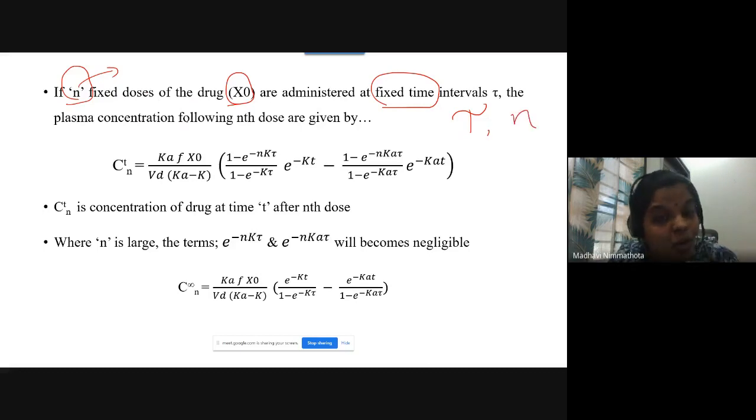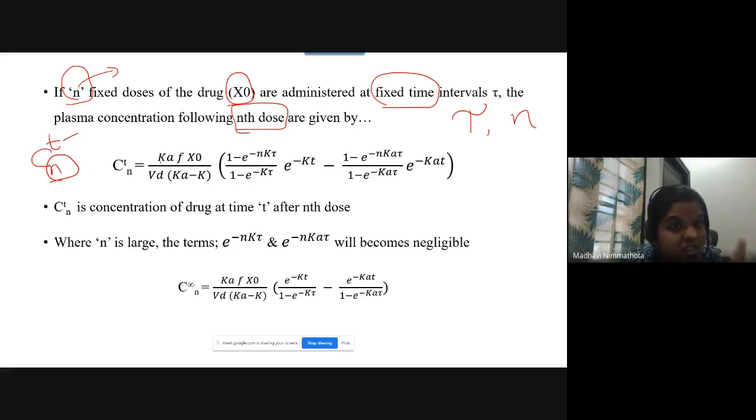The plasma concentration is given at the nth dose, because we are taking n fixed doses and calculating the plasma drug concentration for the nth dose, which can be written as C n T. N is the nth dose we are calculating, T is time, and this is the plasma drug concentration.